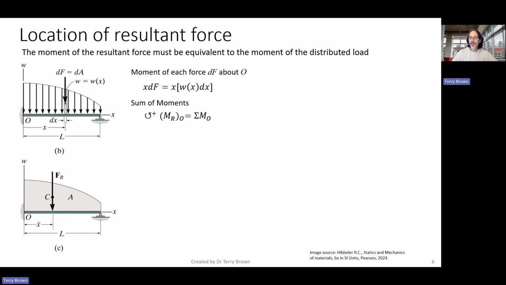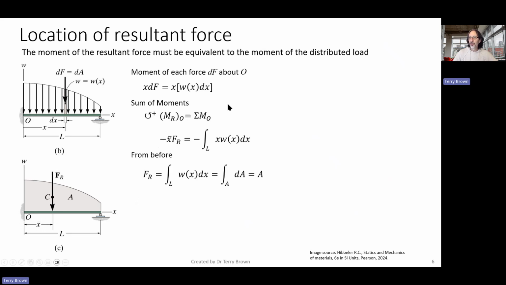Taking moments about point O for all of those is the same as integrating, adding up all of these lengths dx. The moment effect of the resultant force is F_R times x with a little line over the top that we call x bar.